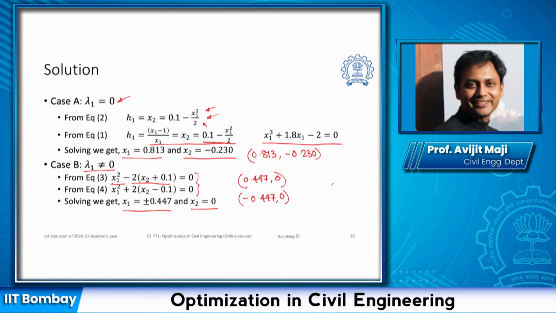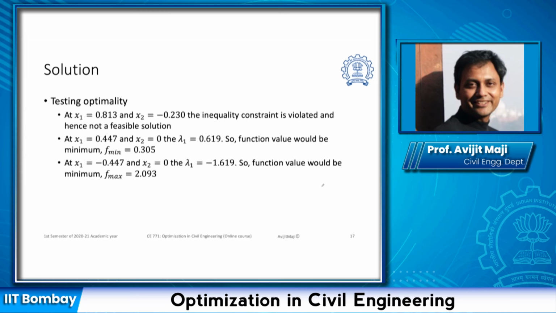Now we need to test whether they satisfy the constraint requirement, and whether the lambda values are good enough to decide whether we have reached the optimum point, the minimum or the maximum. For that, we'll go to the next step. In this case, we are testing the optimality. For the first point, 0.813 and negative 0.230, the inequality constraint is going to be violated.